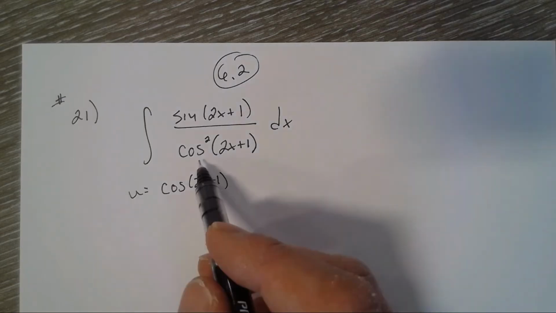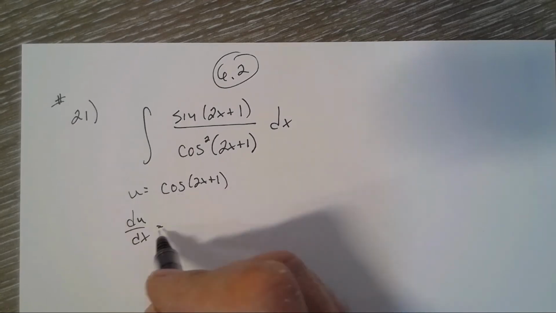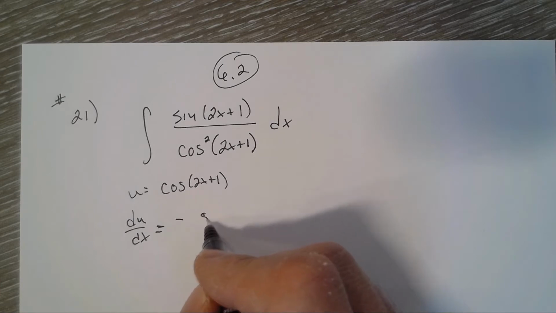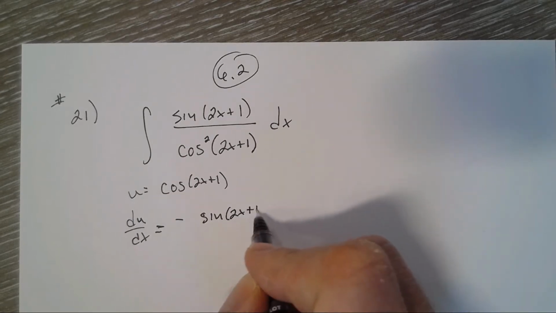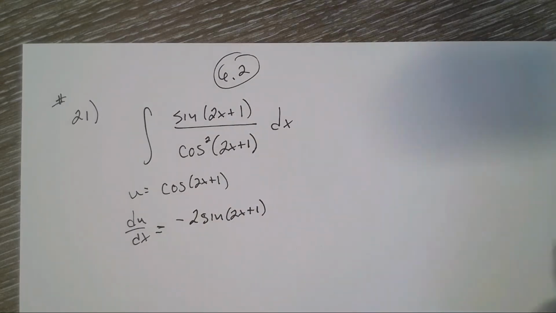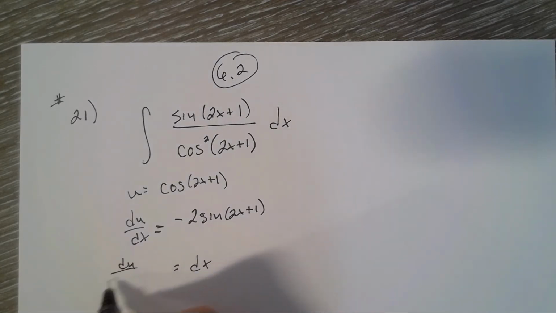So our u is this, so du dx equals the derivative of cosine, which is negative sine, times the derivative inside, which is 2. So then dx equals du over negative 2 sine of 2x plus 1.